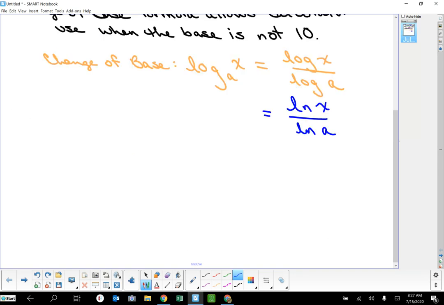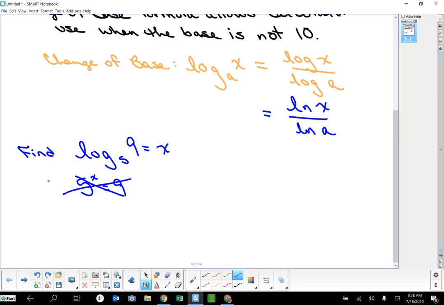And here's how you would use it. If you saw a problem that said find log base 5 of 9 equals x, you could write that as 5 to the x equals 9, but what power of 5 equals 9? None.